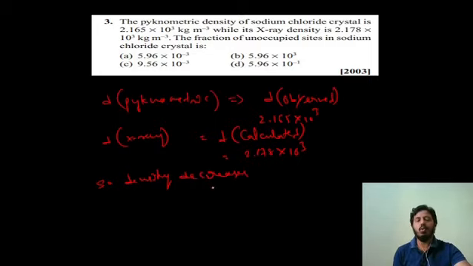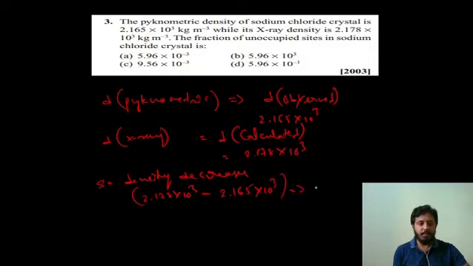First we have to calculate the difference in density, that is 2.178 into 10 power 3 minus 2.165 into 10 power 3. After simplification, you will get 0.013 into 10 power 3 kg per meter cube. We can write this value as 13 kg per meter cube by shifting the decimal towards the right.